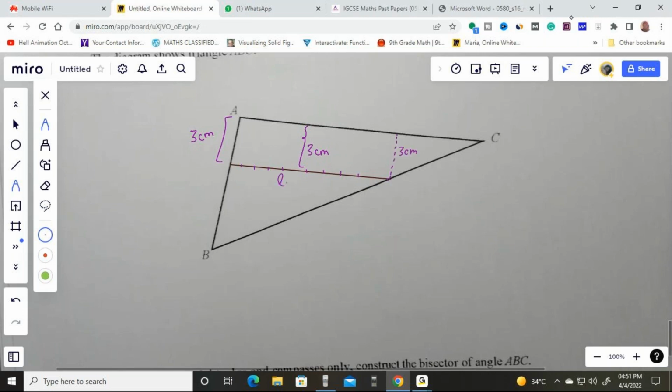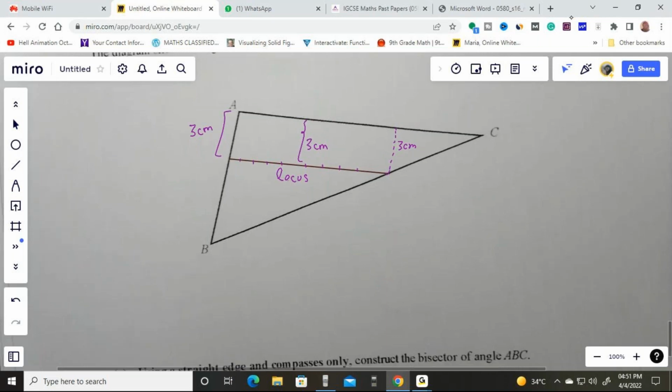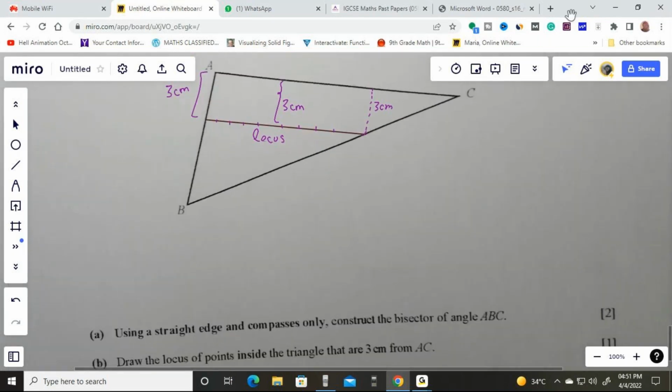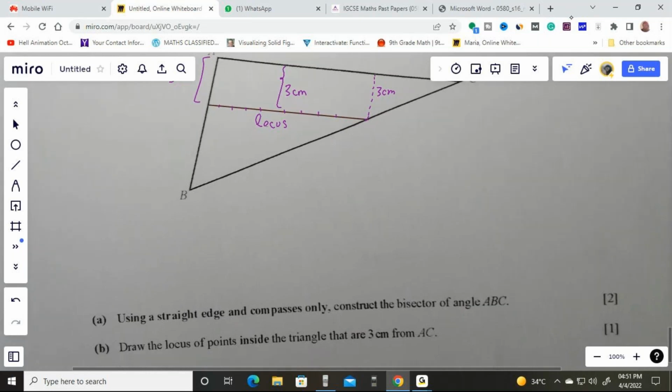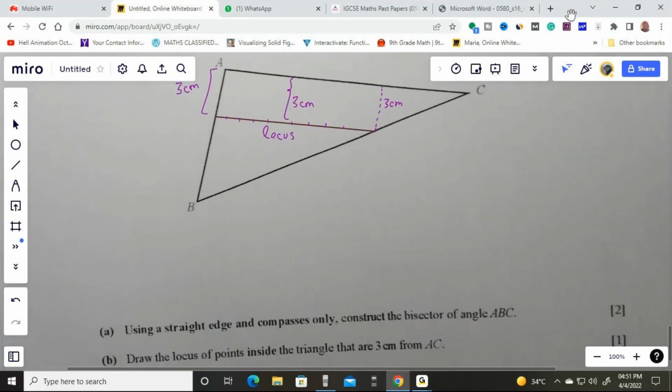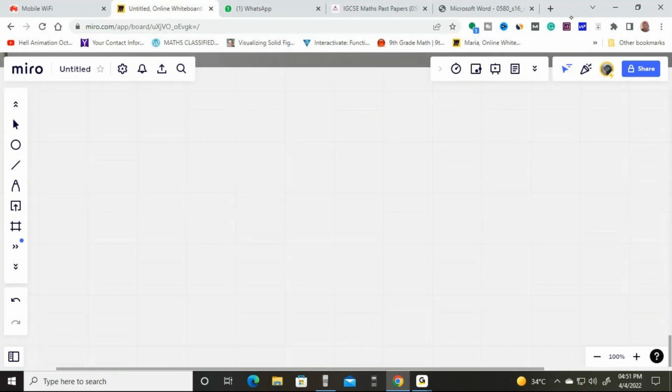So this is the locus of all those points which are 3 centimeter away from the line AC. It's simply a 1-mark question, so there is no hard and fast working involved here. This is the manual working that you are going to do. Clear? Okay, we go to the next question now.